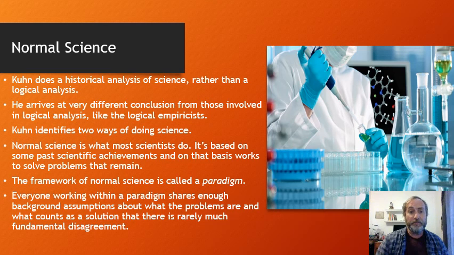So he does this historical analysis, and he actually ends up with some very different conclusions than some of the people that we've seen that are more concerned with logical analysis, like, for example, logical empiricists. I didn't assign Kuhn's book.